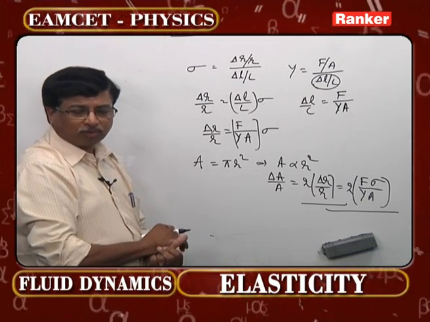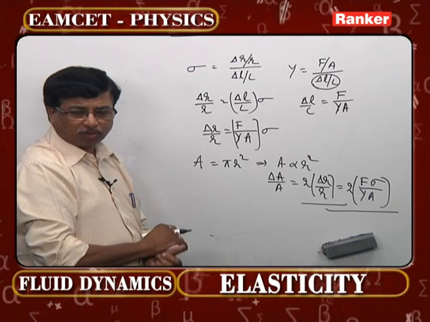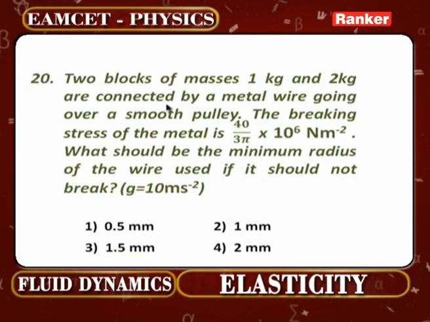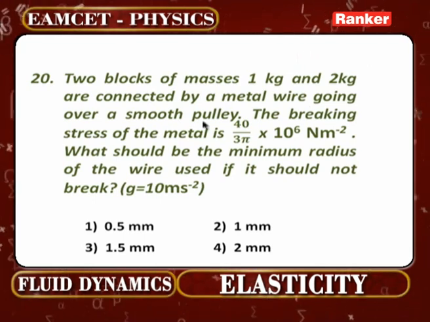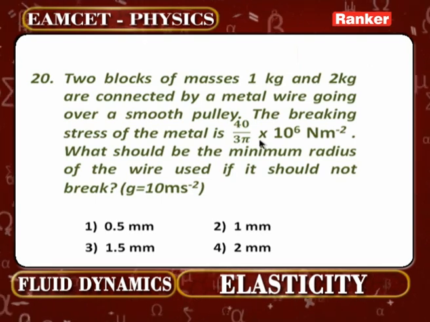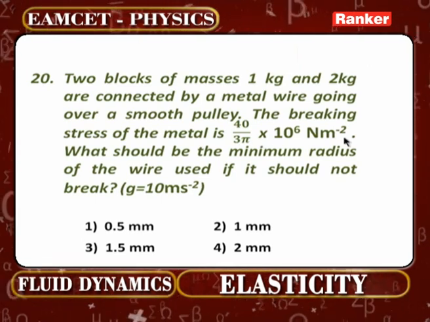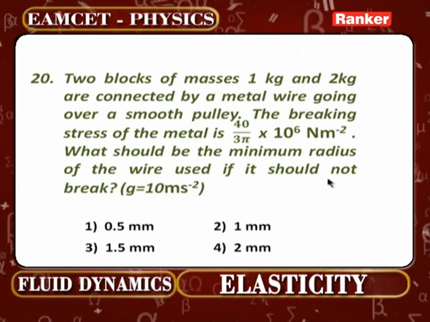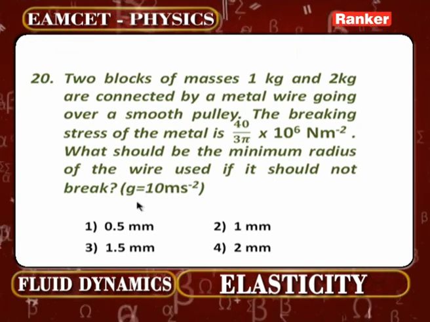Now come to the next one, that is question number 20. Over here, two blocks of masses 1 kg and 2 kg are connected by a metal wire going over a smooth pulley. The breaking stress of the metal is 40 by 3 pi into 10 power 6 Newton per meter square. What should be the minimum radius of the wire used if it should not break, given the value of G?